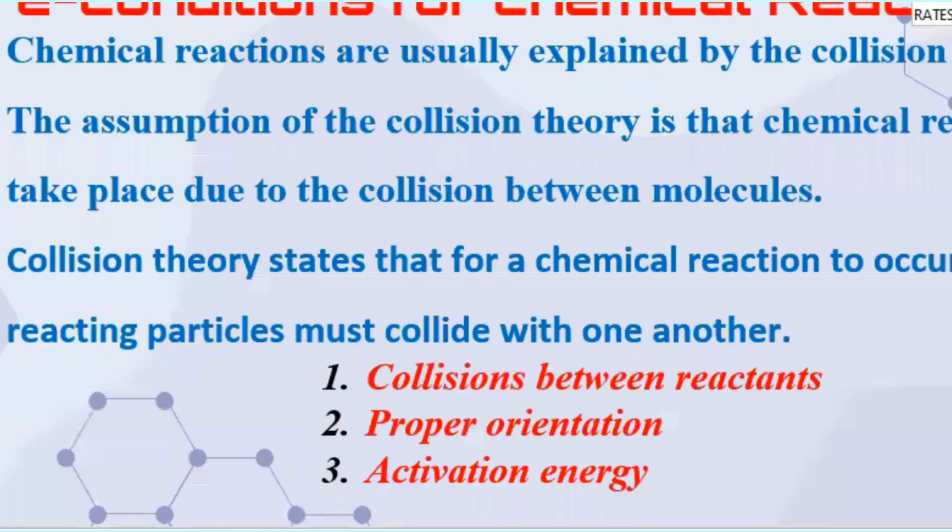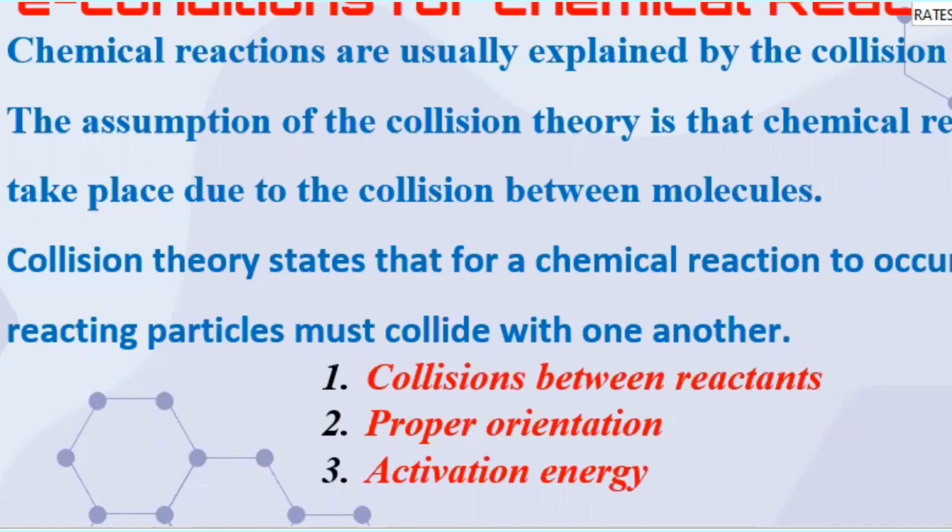What are the preconditions for a chemical reaction? Chemical reactions are usually explained by the collision theory. What does the collision theory mean? According to the collision theory, reactants must collide to produce the desired product. The reactants must effectively collide to produce what?